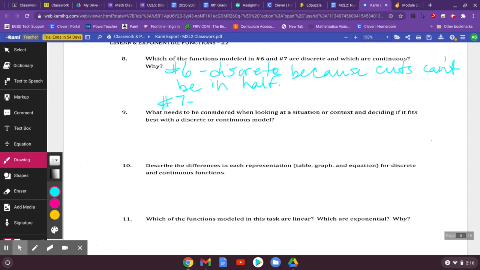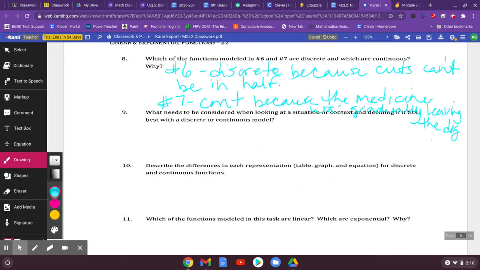Number 7 was continuous because the medicine was gradually leaving the dog.